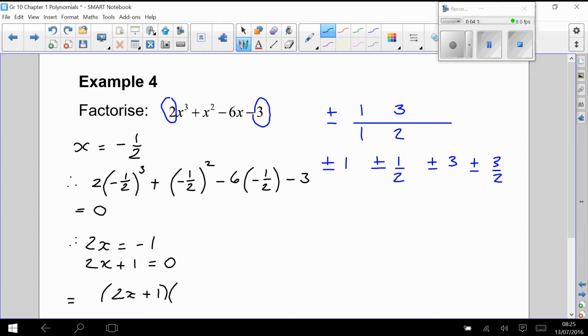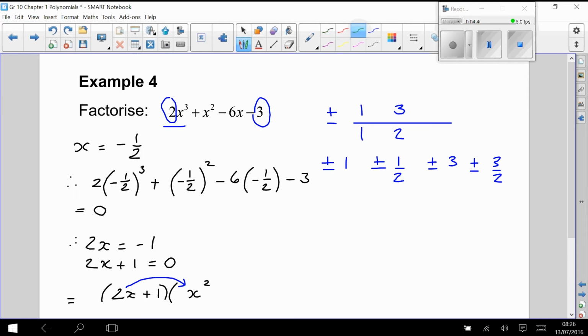Now I need to find my second factor. Remember what I said to you in the last example, that if I take my first term and I multiply it by the first term of the next bracket, I must get the first term of my original expression. As I already have 2x, I just have to multiply that by x squared.